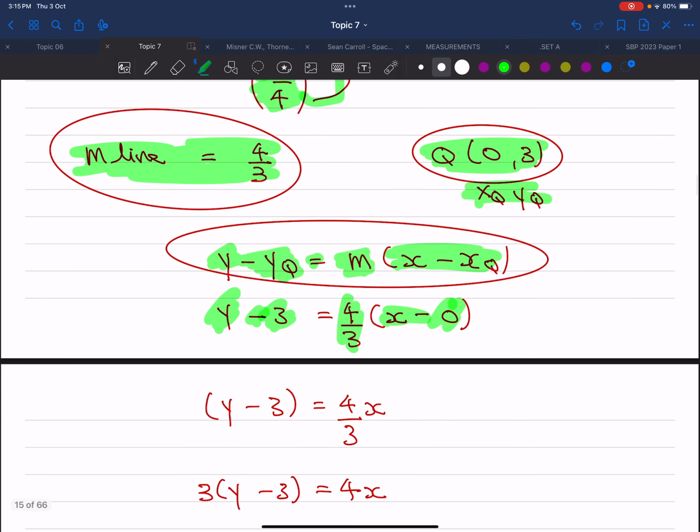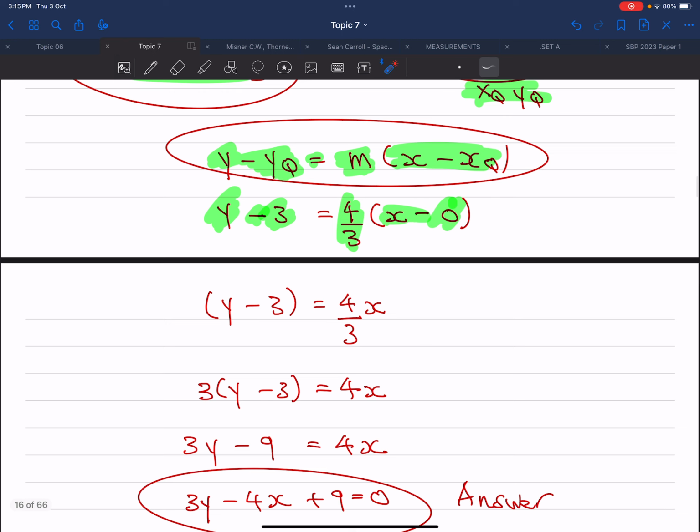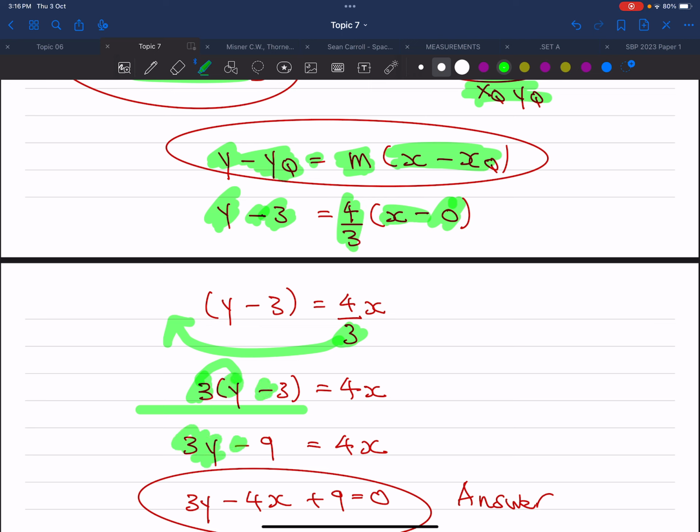So now we have y minus 3 in brackets, because there are two terms, and the 0 is not needed. On the right hand side, I have 4 over 3 x. Now the 3 is transferred to the other side and becomes multiply. On the left hand side, I expand: 3 times y is 3y, minus 3 times 3 is 9. The right hand side I just copy back.